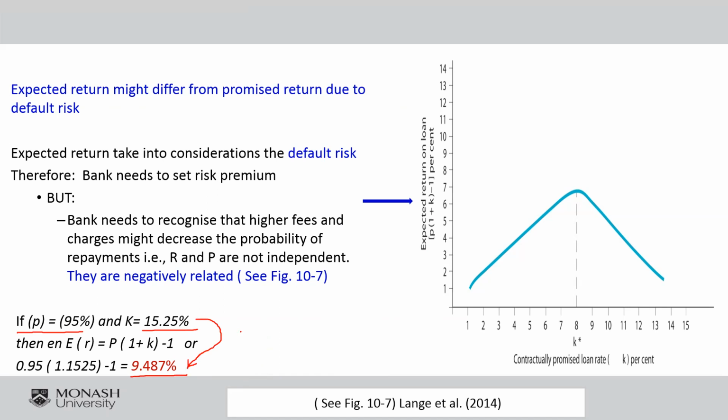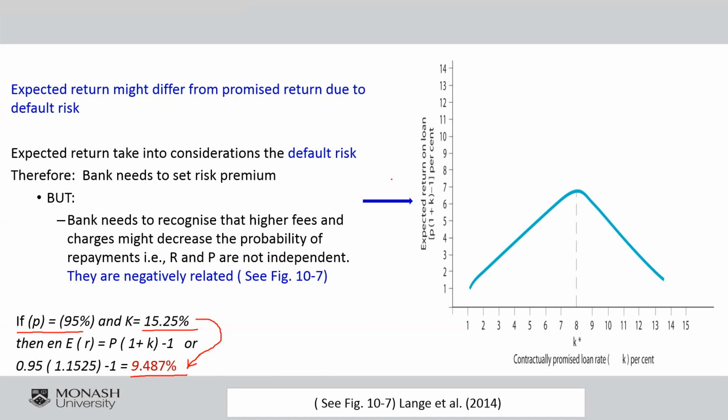It's a huge drop because you are losing 5% of the principal and 5% of the return. And therefore, banks have to be careful. Don't charge too much, because some customers will come under some type of huge demand or stress of demand for loans, because they are under some type of financial distress.